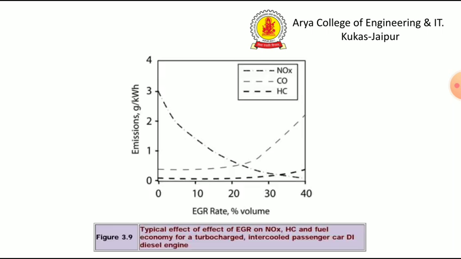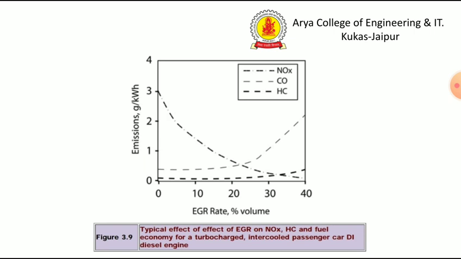This is the typical effect on the NOx, CO and HC emissions. As we can see, there is a reduction in NOx emissions and HC emissions with the use of EGR, but CO emissions increase if the EGR rate increases.